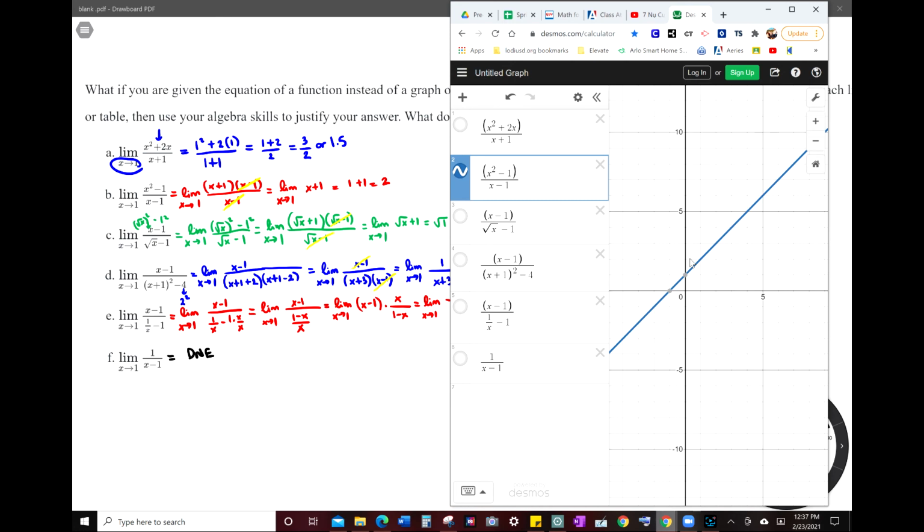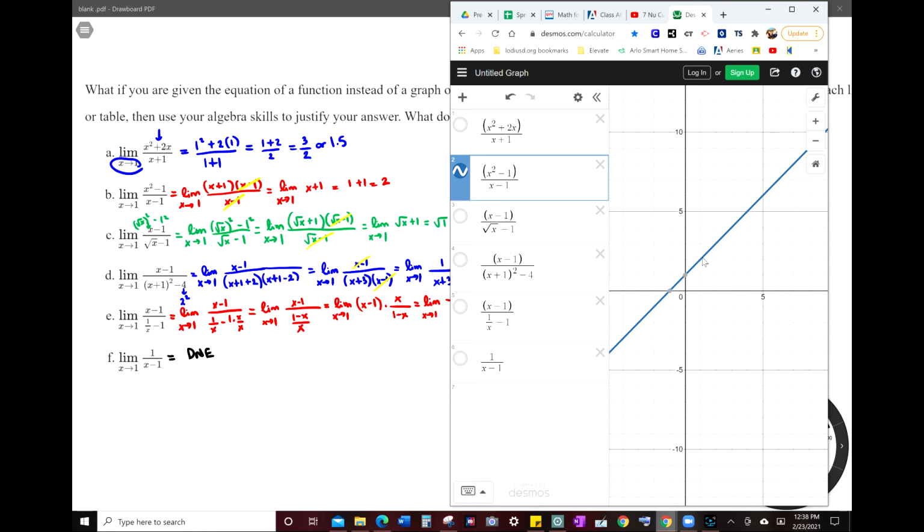If I ask you to evaluate f of 1, then you don't have a value or output when your input equals 1. But if I ask you what's the limit when x approaches 1, then we still have limit is 2 because all the y values from both sides, left side and right side, as x approaches 1, get very close to 2, even if it never becomes 2 because we have a hole at 2.